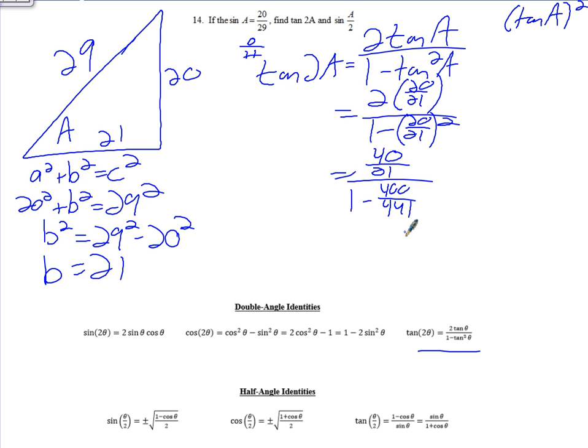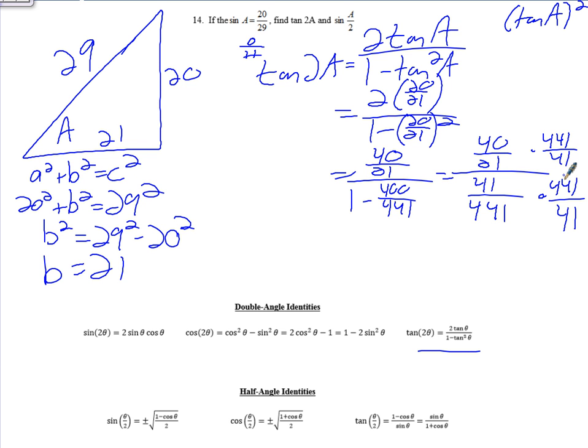And then we'd have to simplify. So this is going to get a little messy here. 40 over 21 over, that's 441 minus 400 is going to be 41 over 441. And then we multiply by the reciprocal of the denominator. This is going to cancel out. This is going to be 1.